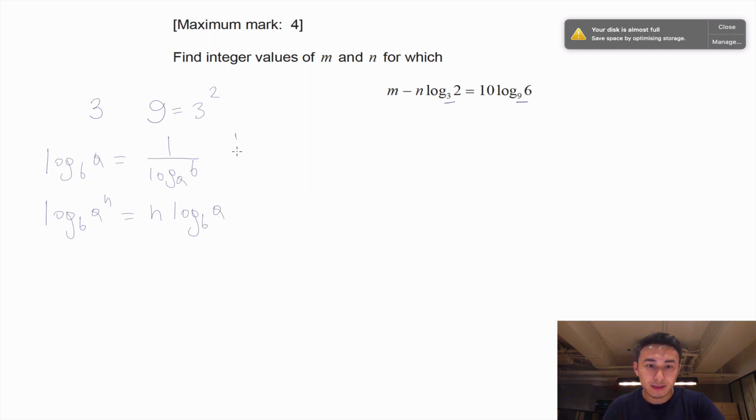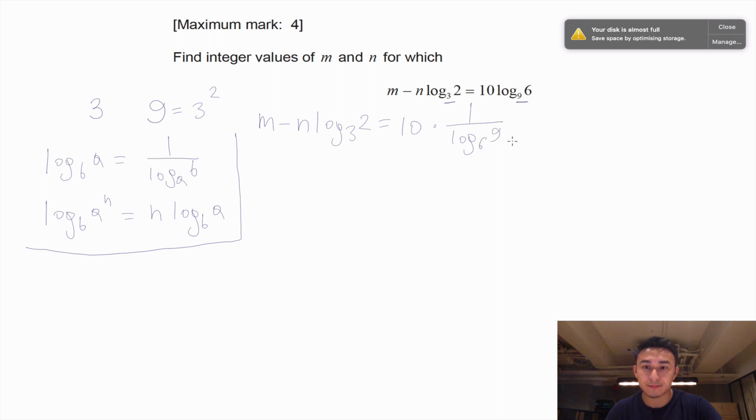Alright, so using these two identities, we will solve this equation and write it in the following form: m minus n times log base 3 of 2. Now we're going to reverse this into the following form: log base 6 of 9.